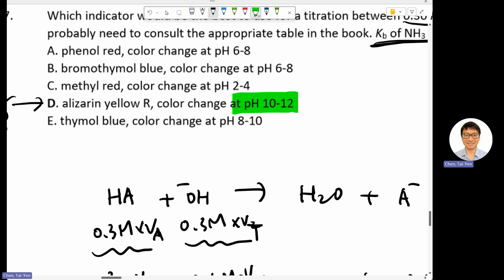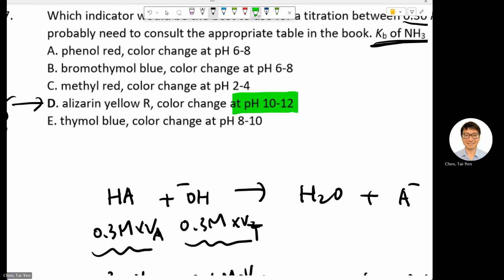It only falls within your answer B, right? So that's how you can make the absolutely correct judgment of which indicator you can use.